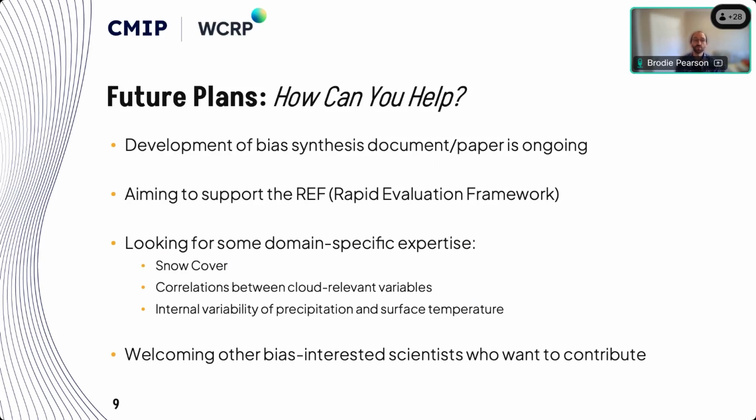And so we don't have people who have that expertise to analyze some of the community priority variables like snow cover, correlations between cloud relevant variables. So we're looking for people who have expertise with cloud modeling, cloud biases, and cloud feedbacks, and then internal variability of precipitation and surface temperature.